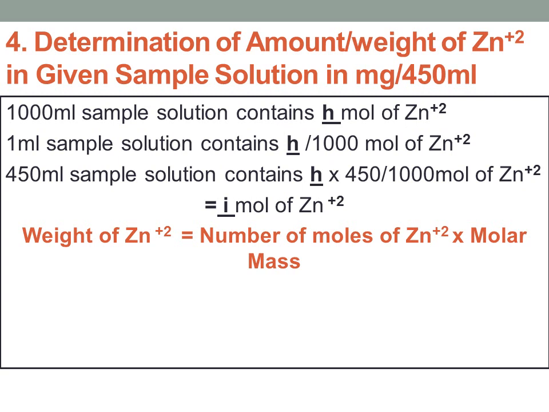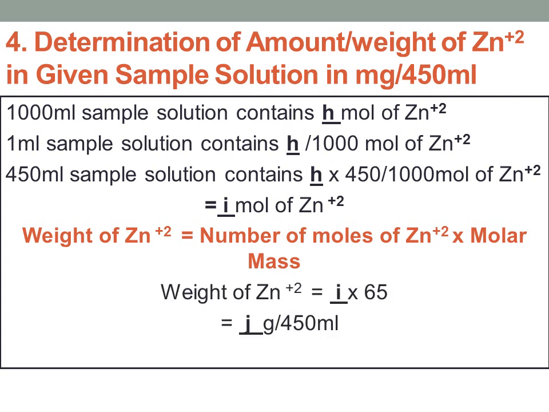Determination of amount or weight of zinc plus 2 in the given sample solution in milligram per 450 ml. You have found in the last step that 1000 ml of sample solution contains H mole of zinc plus 2.